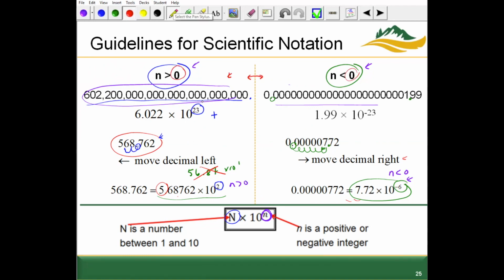So what should have been said for these is that this number here is greater than 1, right? In this case, it's a lot greater than 1, the number itself. This number here is less than 1, so that leads to it having a negative exponent. This number here is also less than 1. Another number that is less than 1 is even 0.9. That's just slightly less than 1.